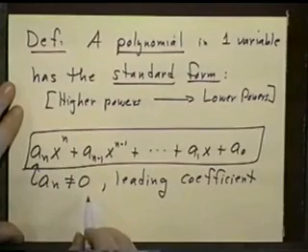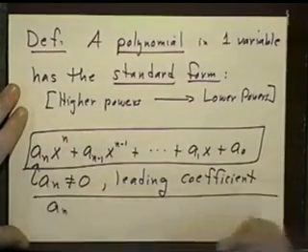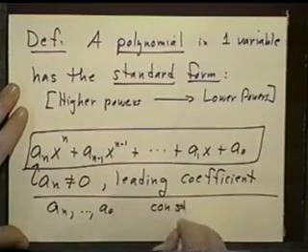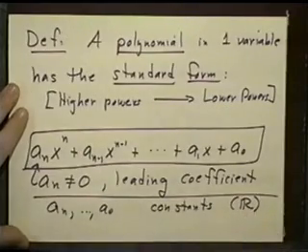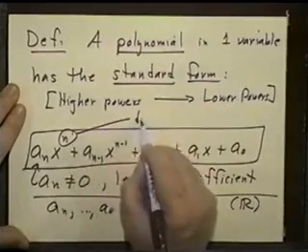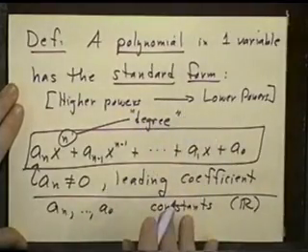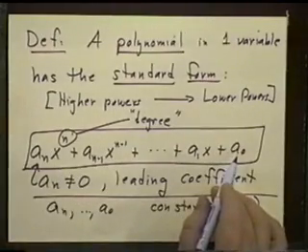That only makes good sense. a sub n all the way down to a naught are constants. And again, for us, remember, that means real number constants. And of course, n is called the degree of the polynomial. It is the highest power of x that occurs in this one variable polynomial.